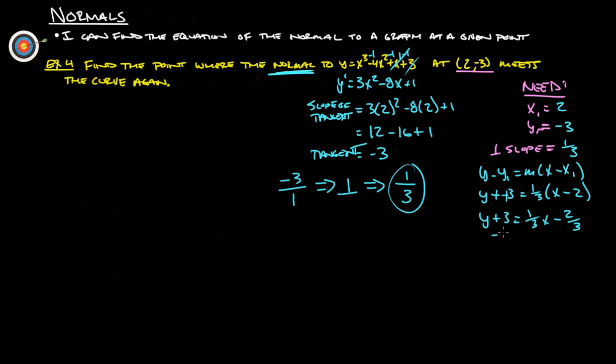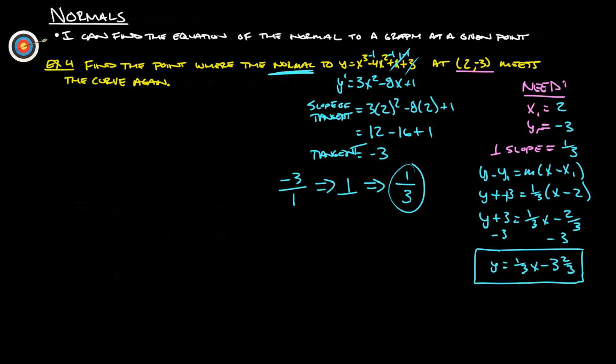Then we simply subtract 3 from both sides, and we get y equals 1/3 x minus 3 and 2/3. That is the equation of the normal. And then it also says to find the point where the normal at 2, -3 meets the curve again. So that's just the equation.